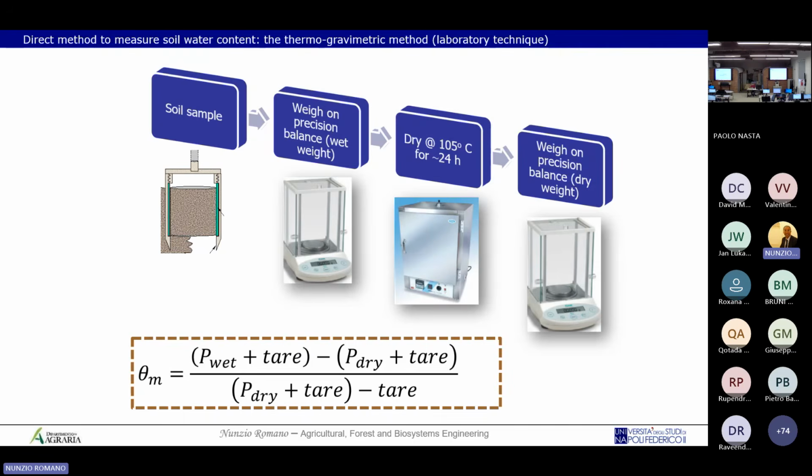When we have a situation like the one mentioned, it's not good practice to collect the soil and move it to the lab. Usually the location where you collect the soil is far from your lab.